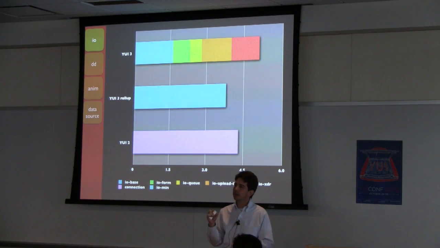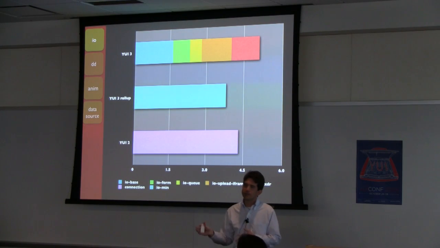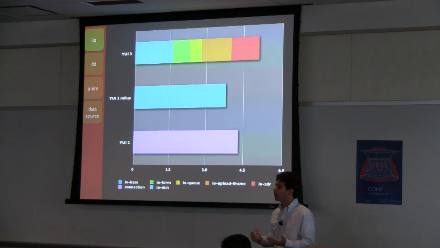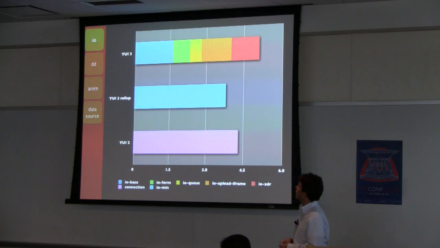Instead of just grouping together all of the features related to one particular module, we're going to break out different features and feature sets and let you choose those a la carte. So with I/O, in many, many cases, probably even more than 80/20, all you're doing is XHR. All you're doing is a simple XHR request. And if that's all you're doing, that little blue chunk on the left of the graph, that's the only piece you need to bring in.